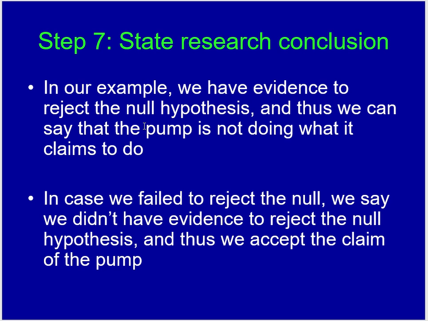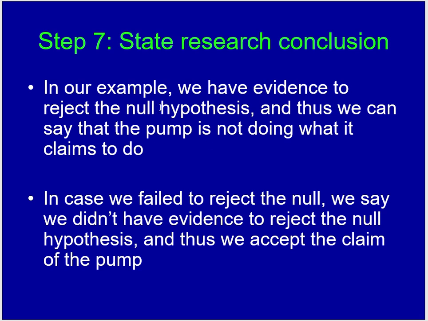Is the pump letting the blood sugar be too high or too low? How do you know that? You know that by looking at the results obtained from your sample. The result from the sample was 112. The X bar was greater than 100, and therefore you're going to conclude that it's greater than 100. So in our example, we have evidence to reject the null hypothesis, and thus we can say that the pump is not doing what it was claimed to be doing.